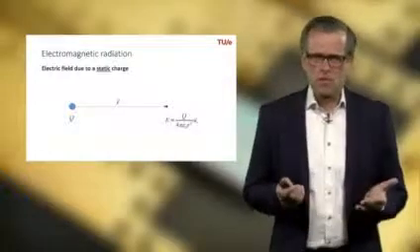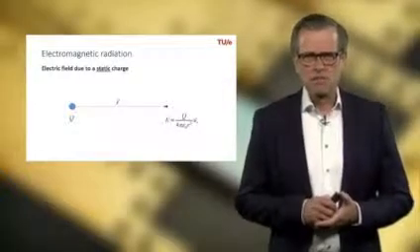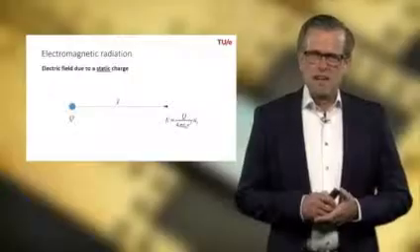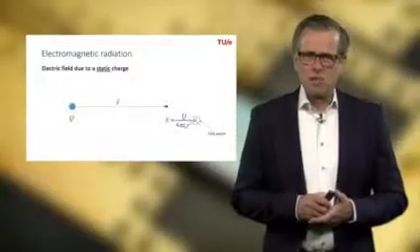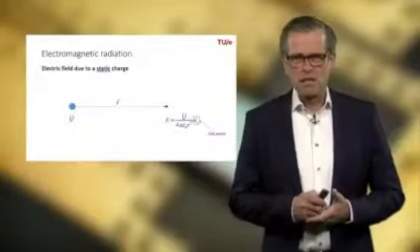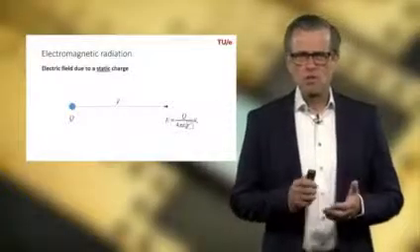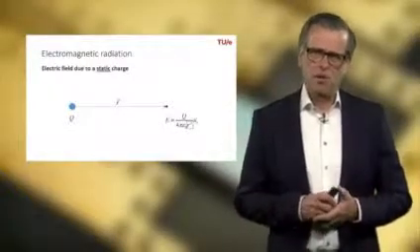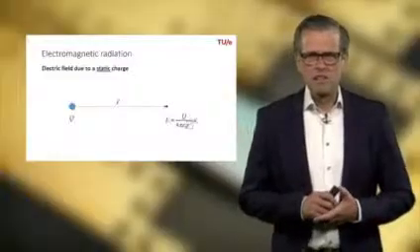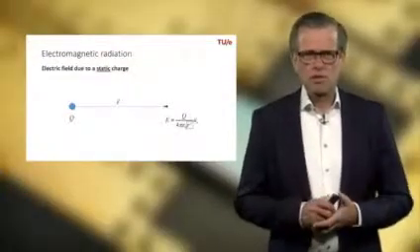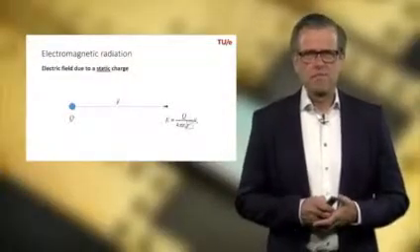Coulomb's law states that the electric field is given by this equation. It's directed in the radial direction, which is indicated by this unit vector. And more importantly, it shows a 1 over r squared dependence. So when distance increases, it has this 1 over r squared dependence with distance.